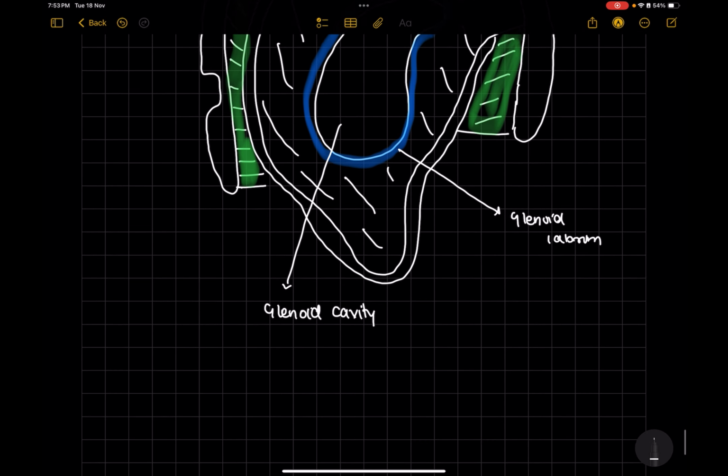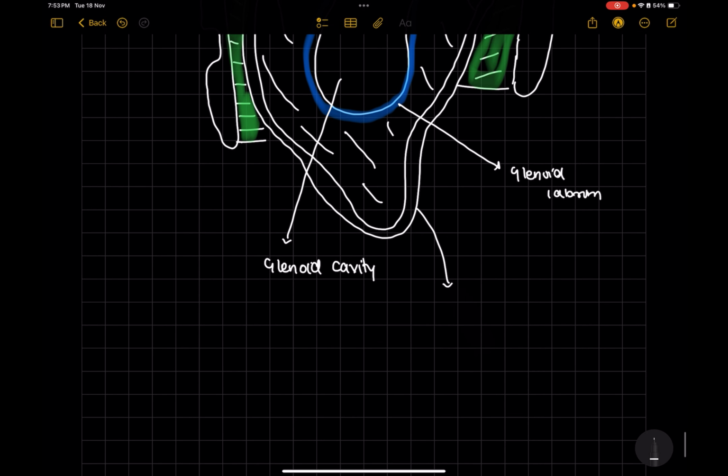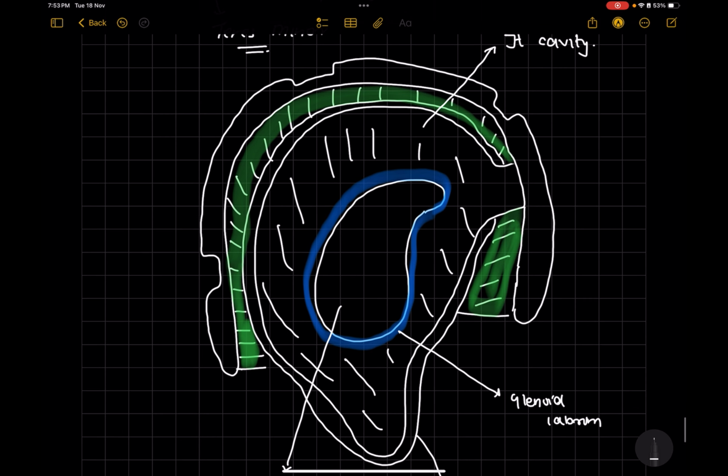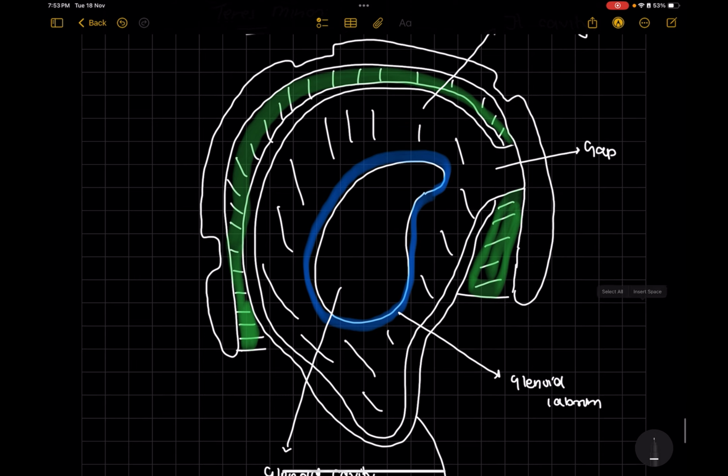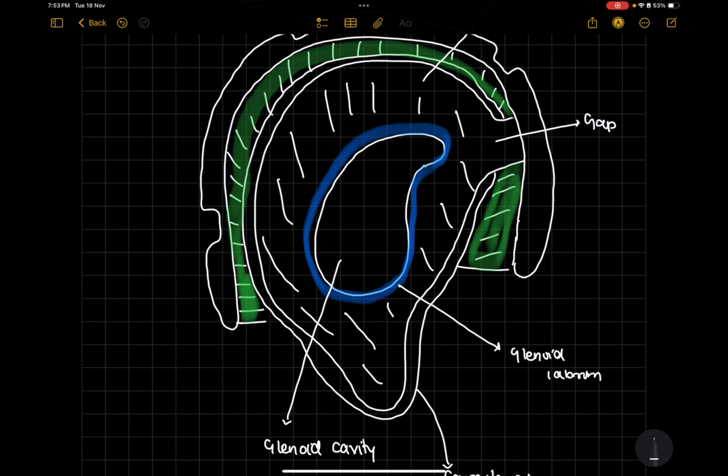This is the capsule of the shoulder joint. And as you can clearly see, there is a space in the capsule of your shoulder joint. Why is there this space? This space is for the subscapular bursa.